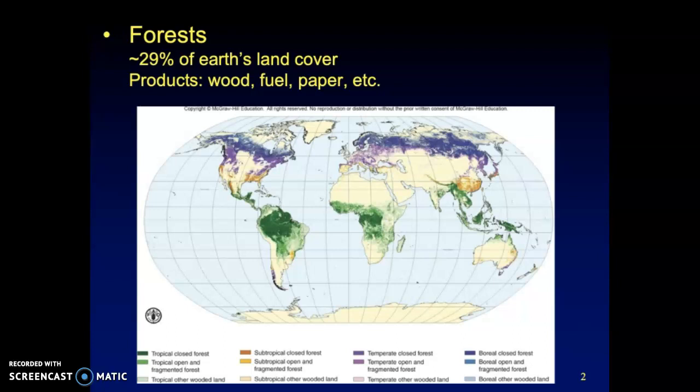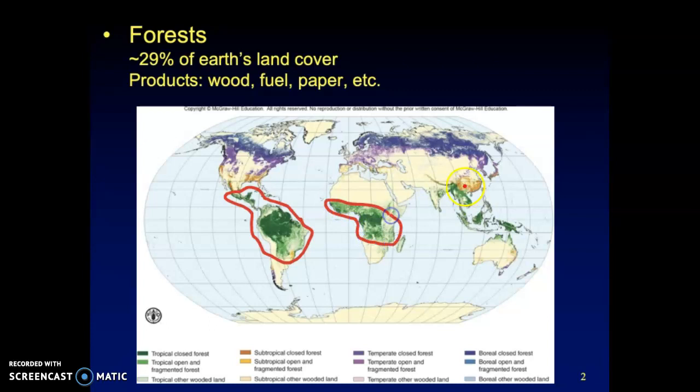So again, you look at that map and you look at how much forest is in developing countries. Let me get my pen. So think about Central and South America. Huge amount of forest here. Most of those countries that make up South America are tropical forests. You look at Central Africa, same thing.